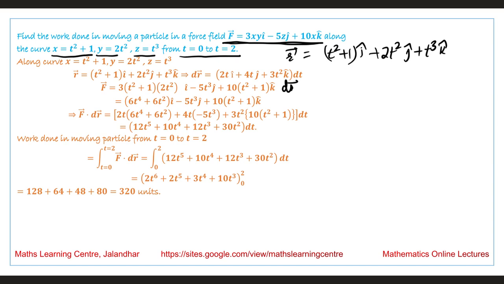So the value of dr vector we have is 2t i cap plus 4t j cap plus 3t square k cap times dt.